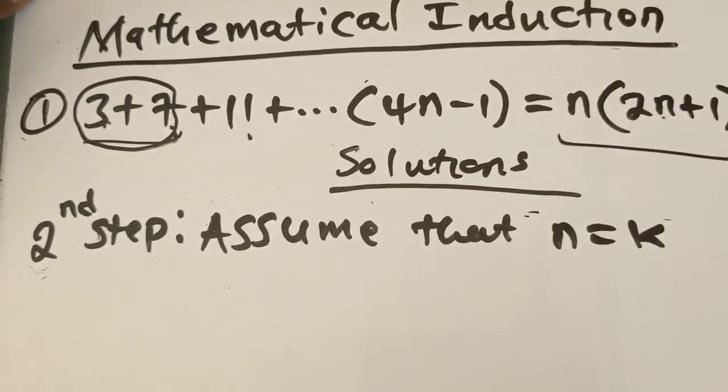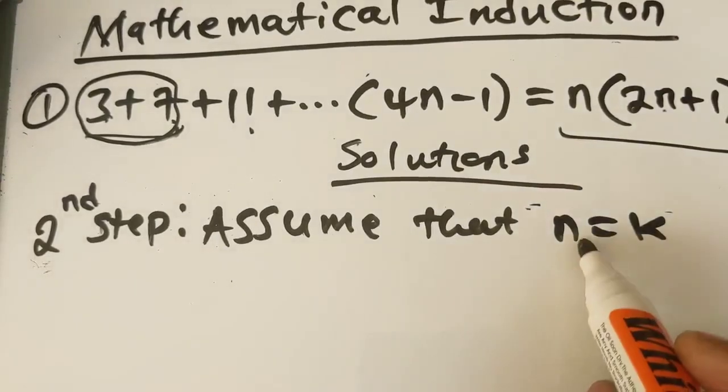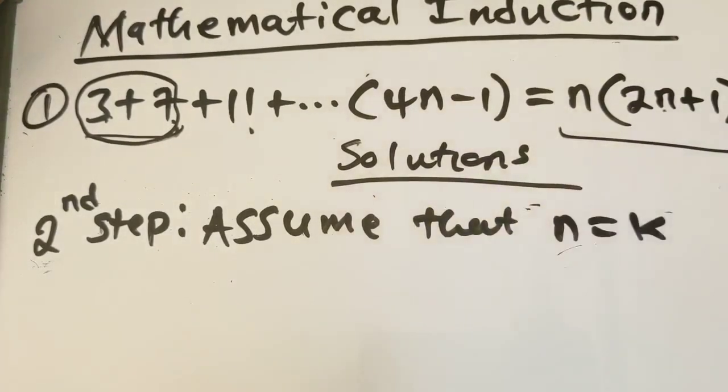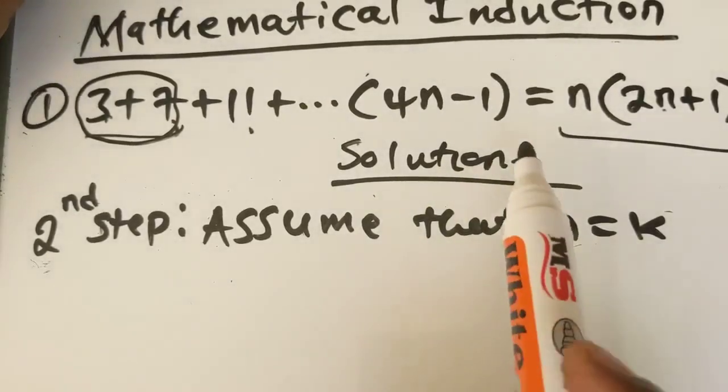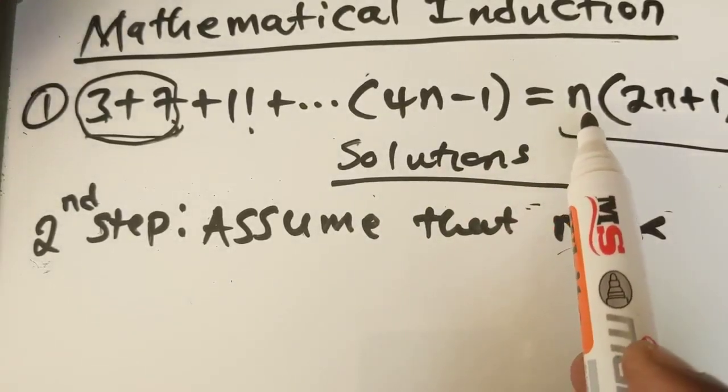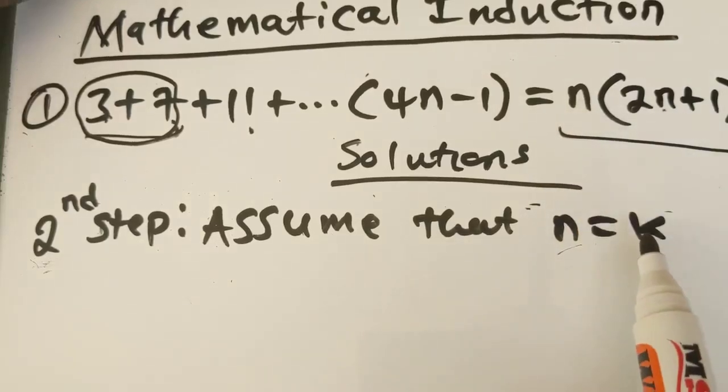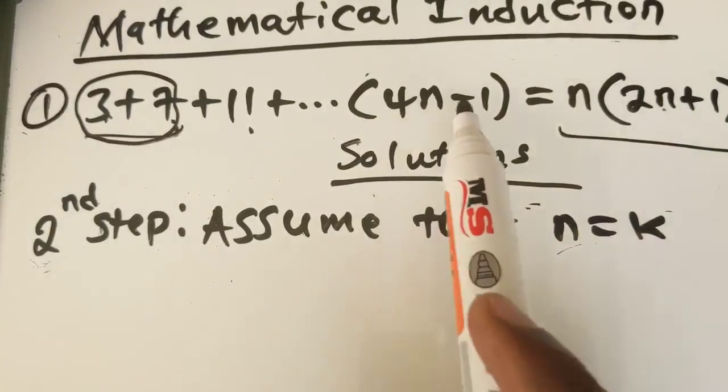N is equal to k. The number of terms is equal to k. So that is what you need to assume. So where there is n, you need to put k. This is what it is implying here. Where there is n, you need to put k.